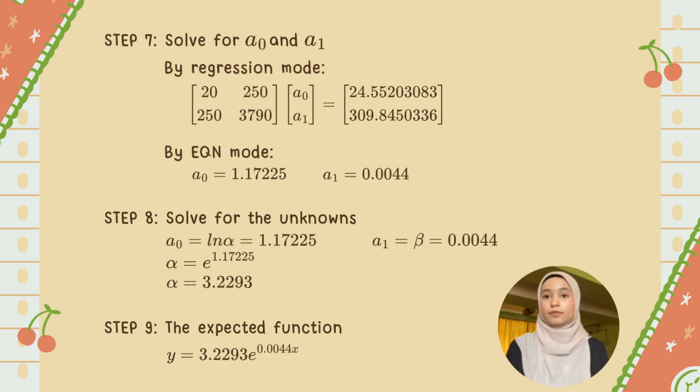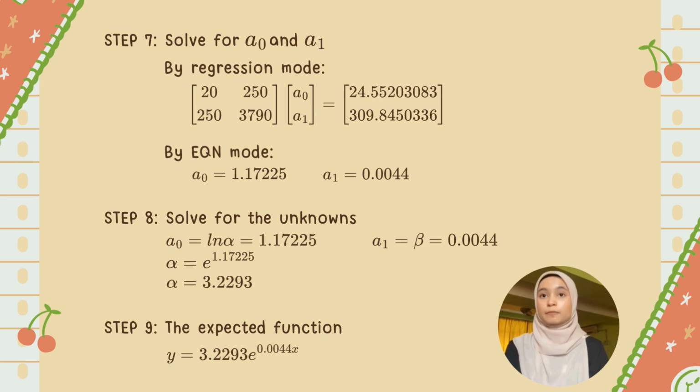Next is step 7, which is solve a0 and also a1. By regression mode, we substitute all the elements into the matrix form 2 by 2. And by EQN mode, we got the value of a0 equal to 1.17225 and a1 equal to 0.0044.